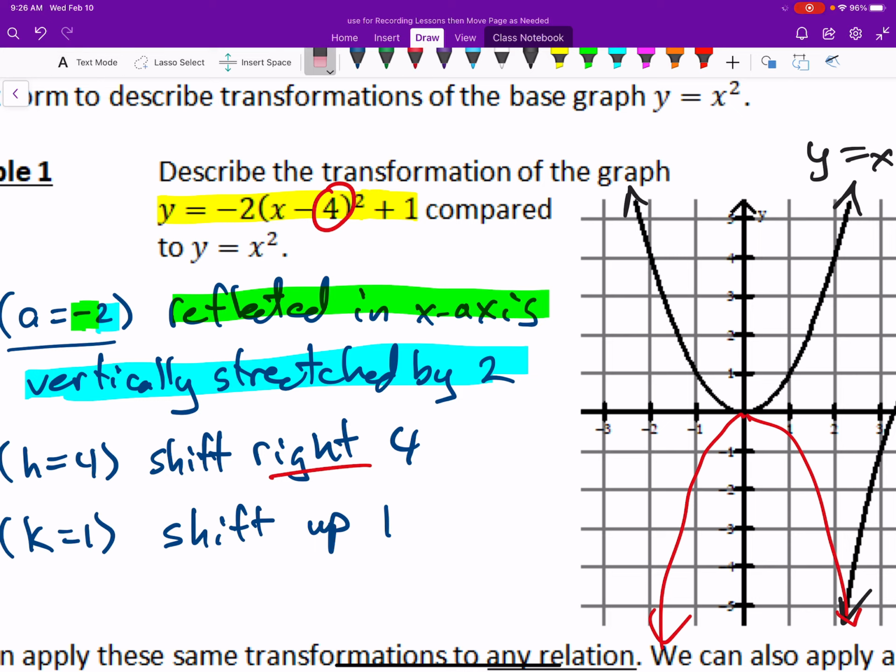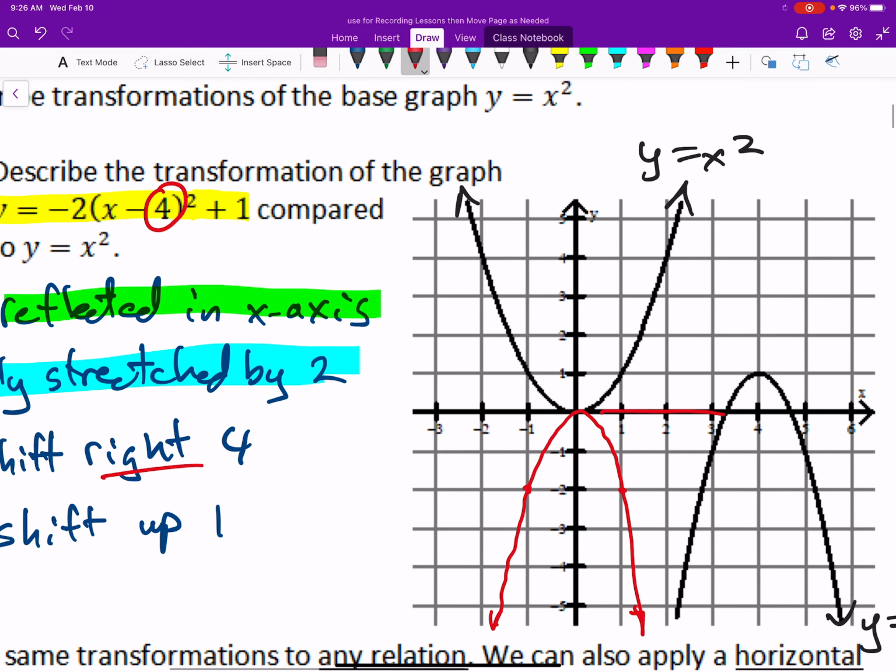Then I want to think about stretching it, so it's reflected and stretched. In addition to opening down, every y value is going to go twice as far downward. It's going to become stretched out vertically. And then I'm going to take this whole thing and shift it 4 units to the right, which you can see has happened, and shift it up 1 unit.